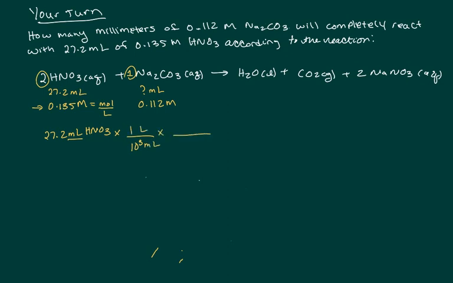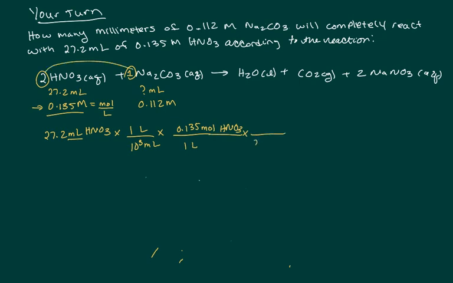Now I can use my concentration, my molarity, to figure this out. So I know that for every 1 liter, I have 0.135 moles of HNO3. Now, I can use the stoichiometry here.